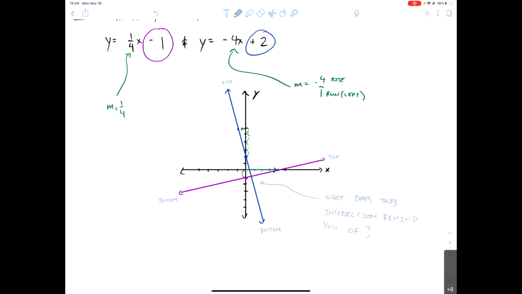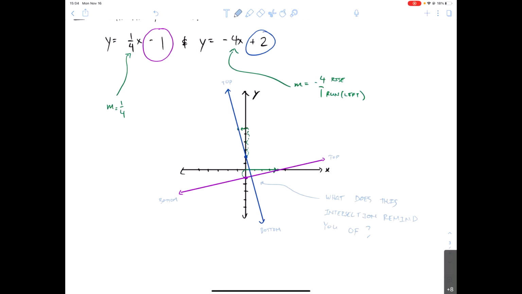Or what does it look like? And what would you tell me? Or maybe it doesn't look like anything, and that's okay. But I need to get an idea of what you are thinking, if anything.